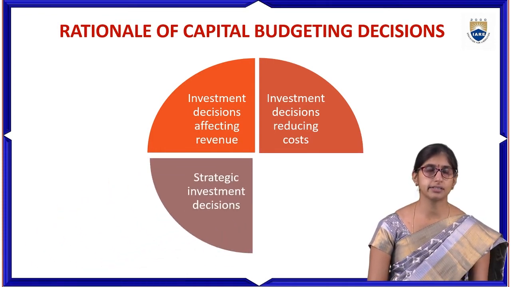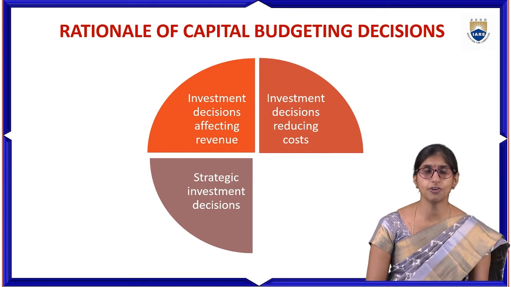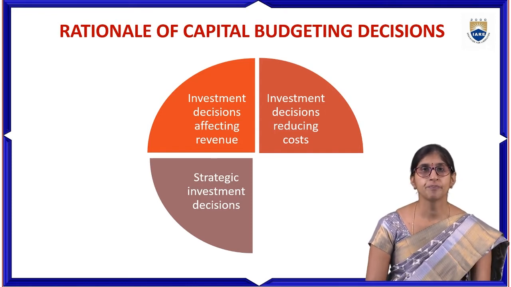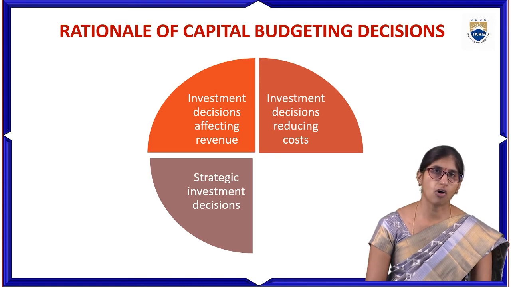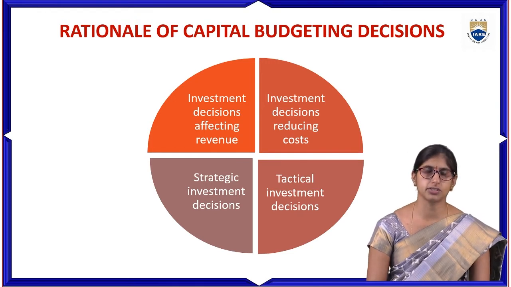And the next one is strategic investment decisions. Strategic investment decisions give us fruitful results, so one must consider this strategic approach for taking the investment alternative before we choose a particular project. And the next one is tactical investment decisions.